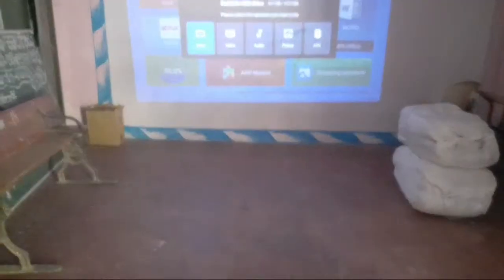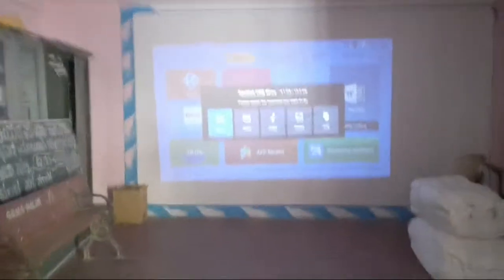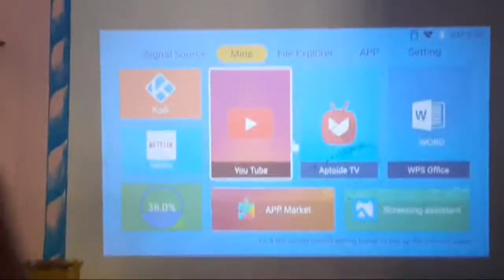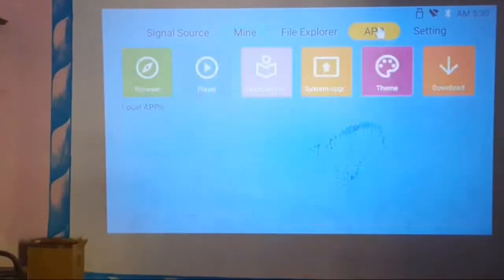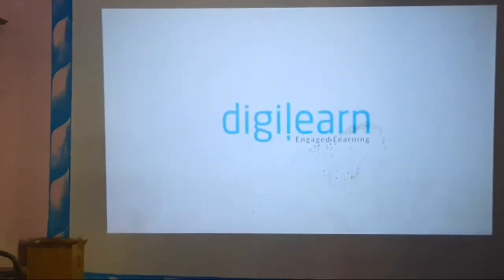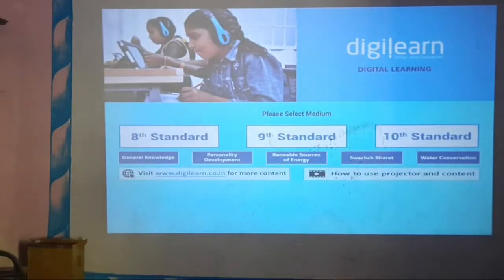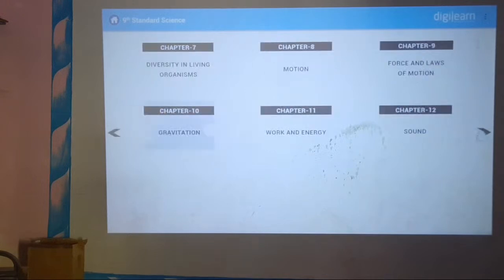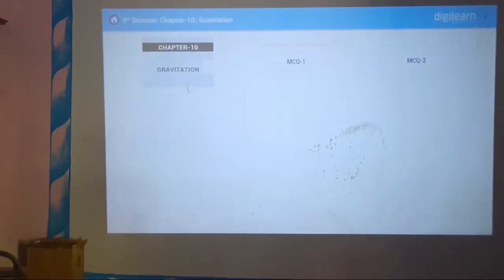Everybody look at the lessons. Yesterday we had completed the lesson on motion, force and laws of motion, and today we'll move on to the chapter Gravitation.